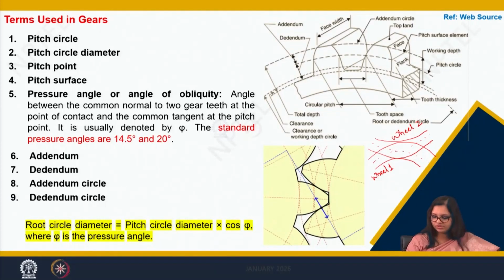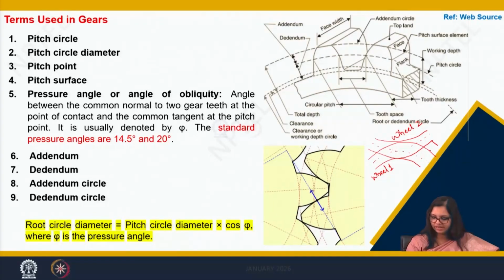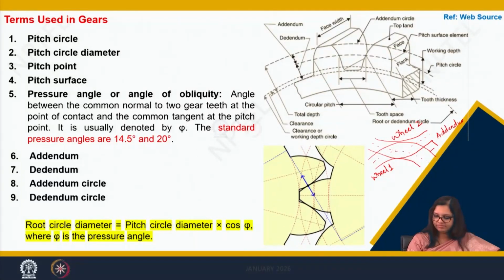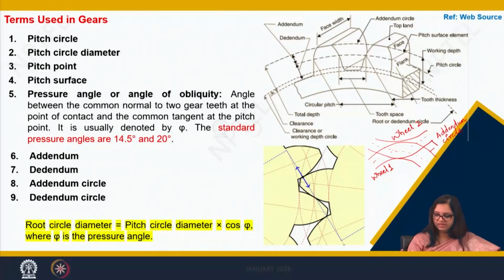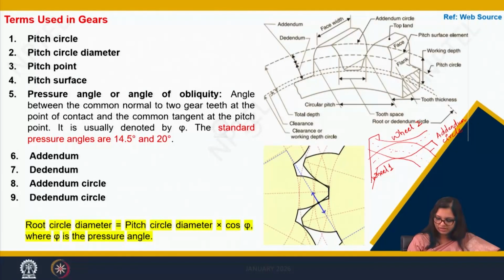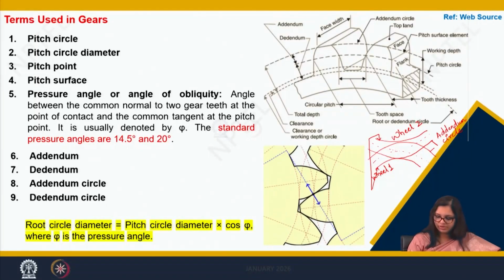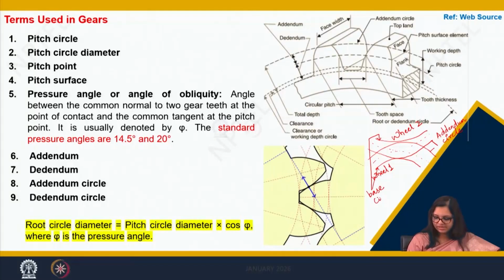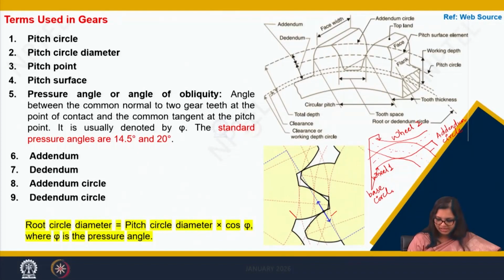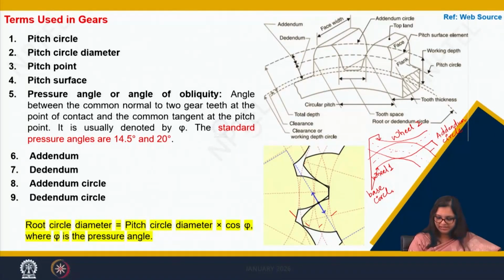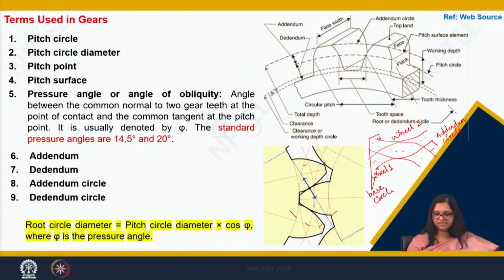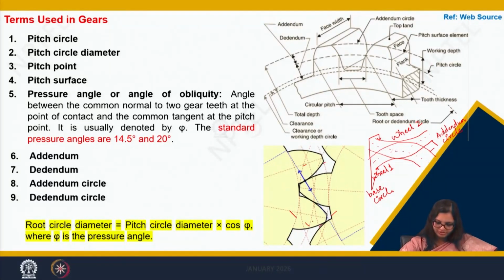So these two, this one and this one, we call the addendum circle, and this one and this one, we call a base circle. As you can see here, this is the base circle, this is the pitch circle, and this and this are the addendum circles.